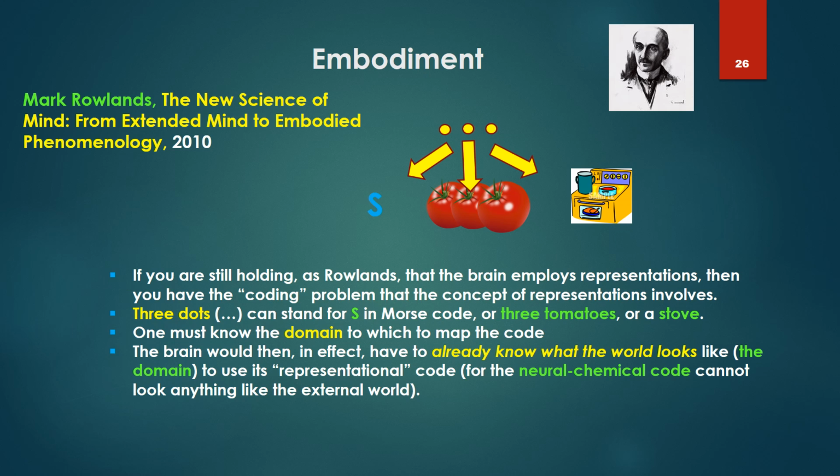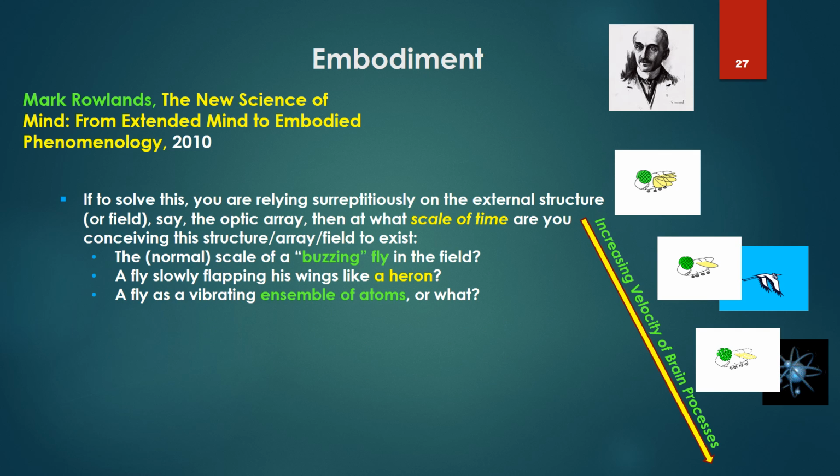So I don't quite understand how Rowlands thinks Gibson can possibly be using representations in perception. And if to solve this, you're relying surreptitiously on the external structure of the field, say the optic array, then at what scale of time are you conceiving this structure or array or field to exist?